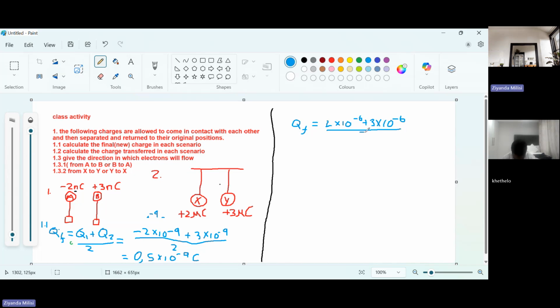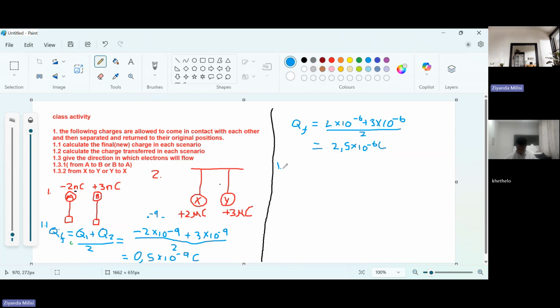And what is the answer? 2.5 times 10 to the power negative 6 coulomb.